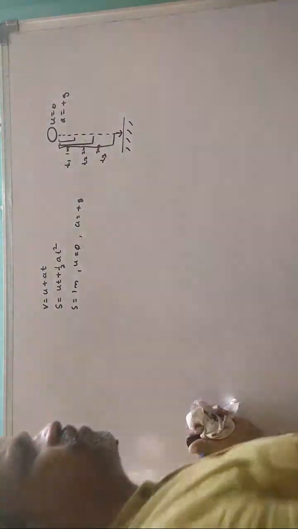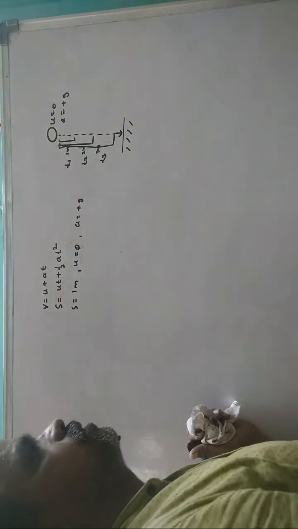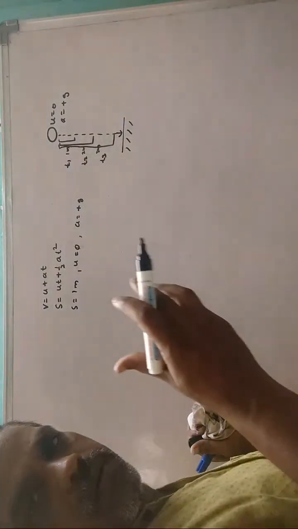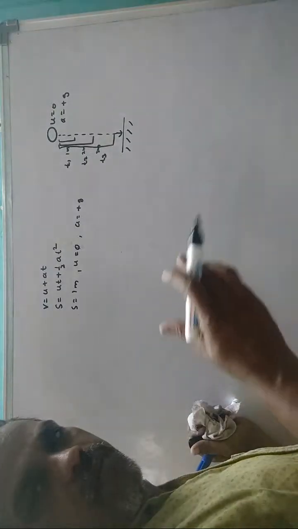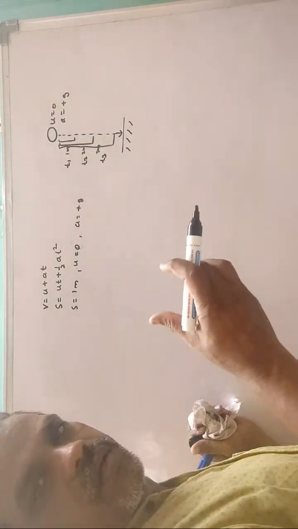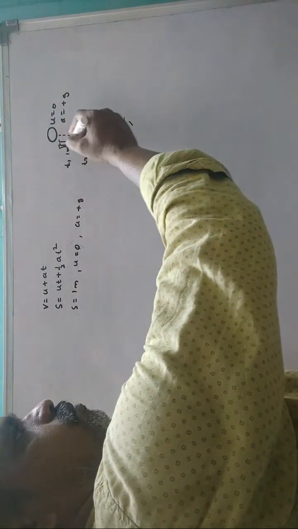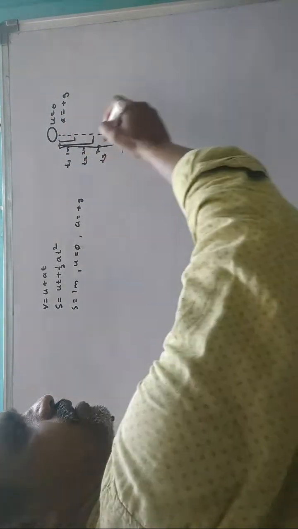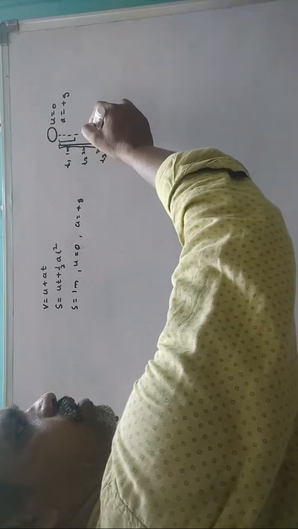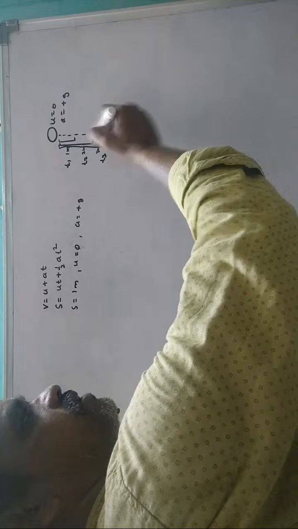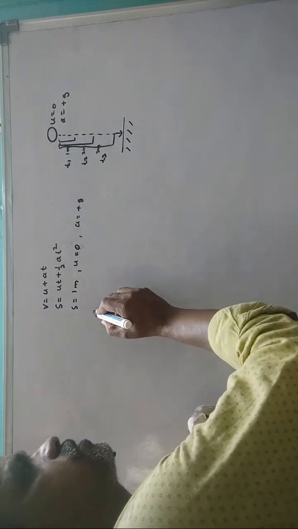These are the freely falling body conditions. I am trying to build a ratio between the time taken by the body to travel 1 meter, to travel 2 meters, and to travel 3 meters.